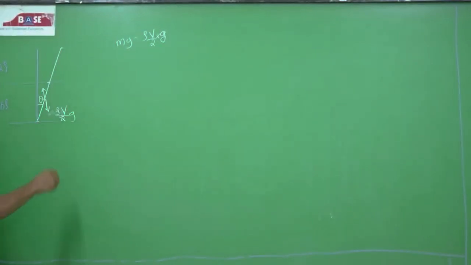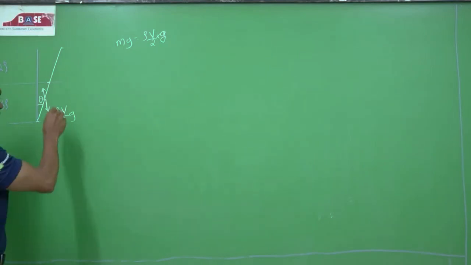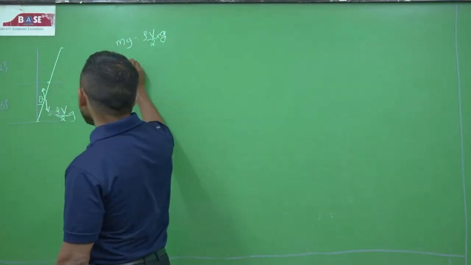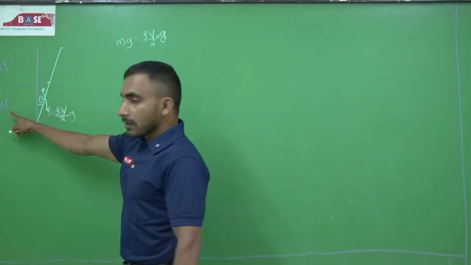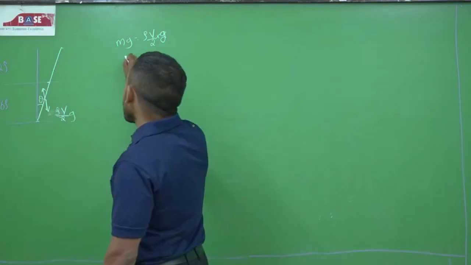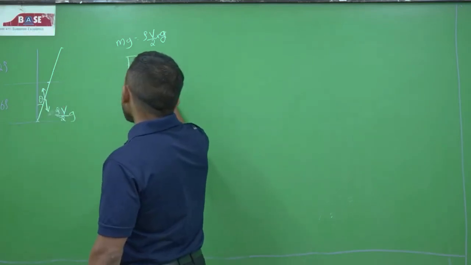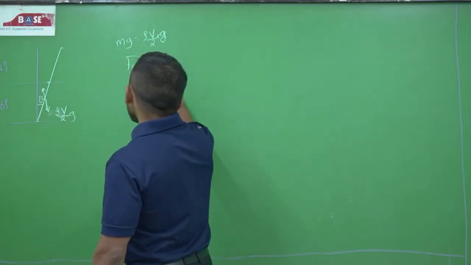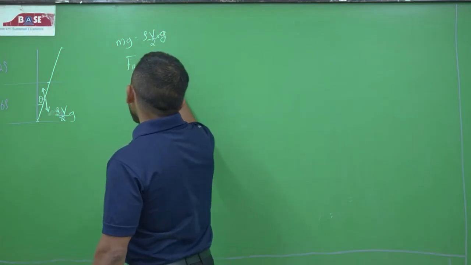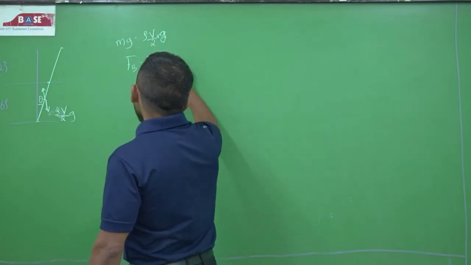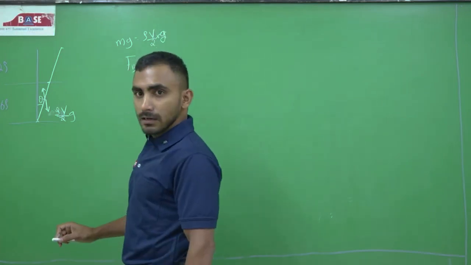In the upward direction, the force will be the buoyant force, which is 6 rho into half of the volume, the volume displaced, into g.